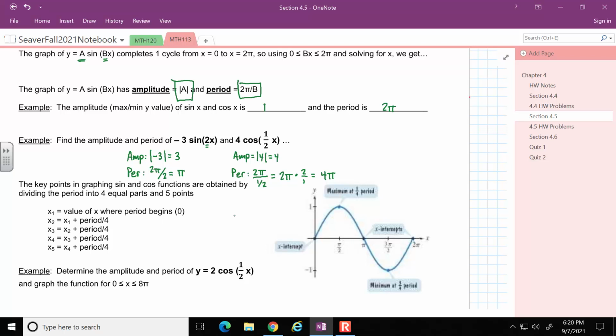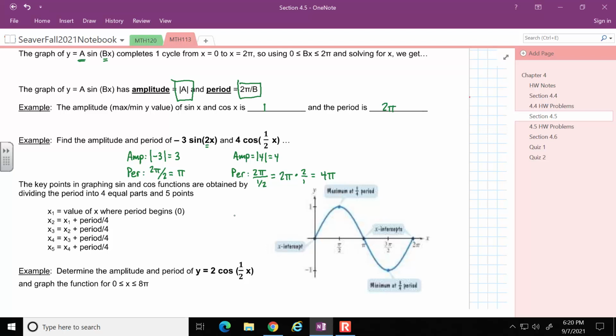If my period changes, I'm going to do the same thing. So if my period was pi, I would have 0, pi fourths, pi halves, and so on. You're just going to split it in that way. Another way is you can say, if 0 is my first point, my whole period is, in this case, 2 pi.